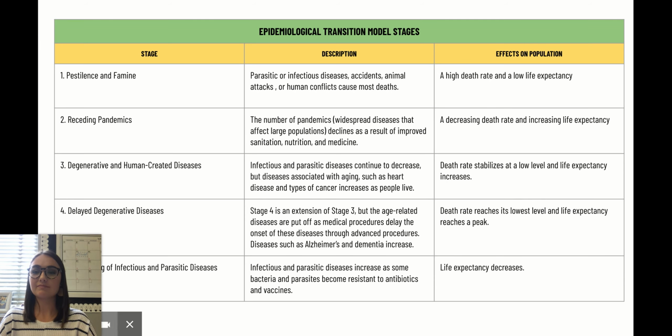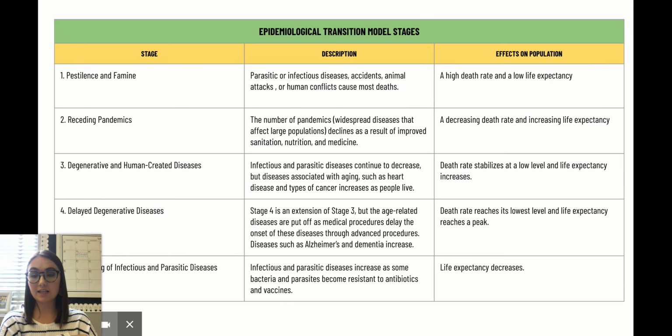So stage 1 of the epidemiological transition model corresponds with stage 1 of the demographic transition model. So when a country is in stage 1 of the demographic transition model, they're also in stage 1 of the epidemiological transition model. And in this stage, the death rates are usually characterized by pestilence and famine.